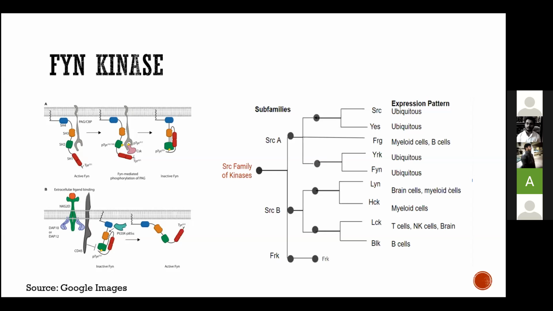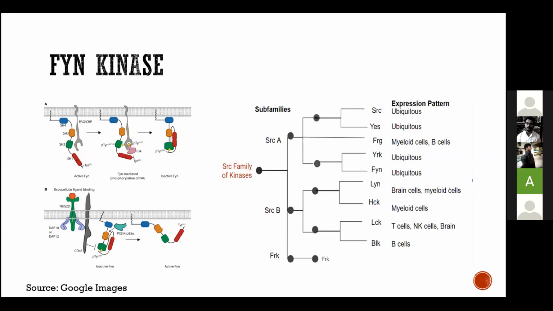So these parts, SH4, SH3, SH2, SH1, these are all parts of Fyn. I told you in the introduction. So I'll repeat again: SH1, SH2, SH3, and SH4.